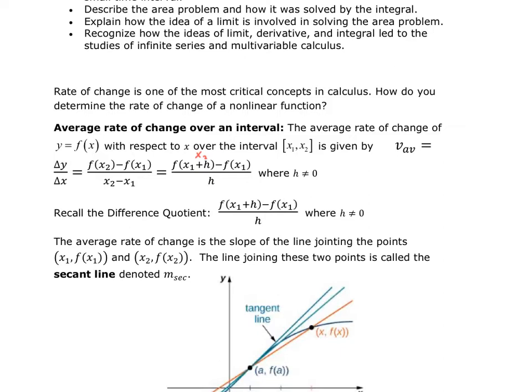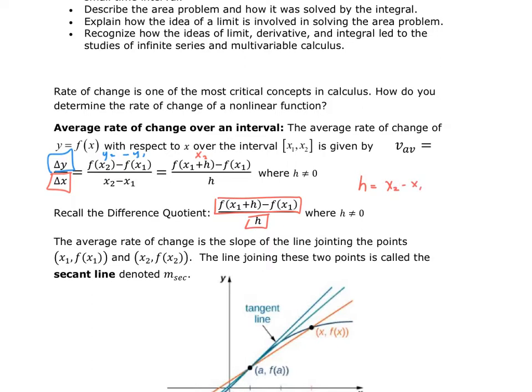This is similar to saying y2 minus y1, therefore we have delta y over delta x, which also gives us the difference quotient, which is f of x plus h minus f of x all over h, where h is the difference between x2 minus x1.